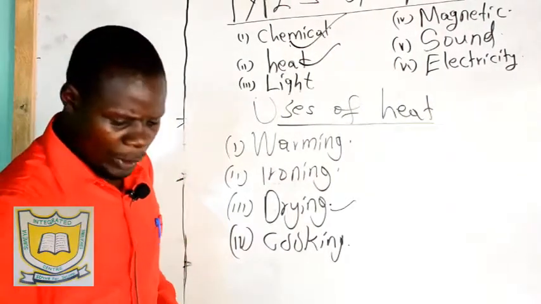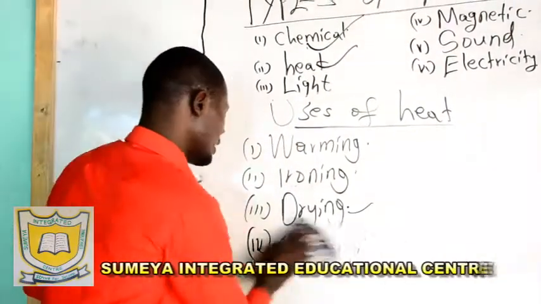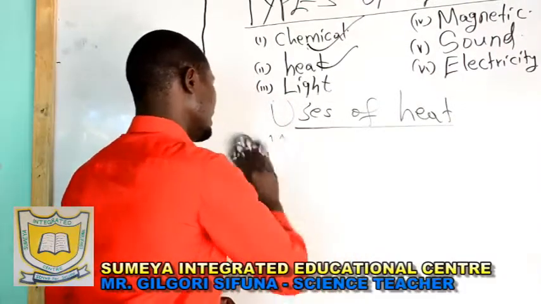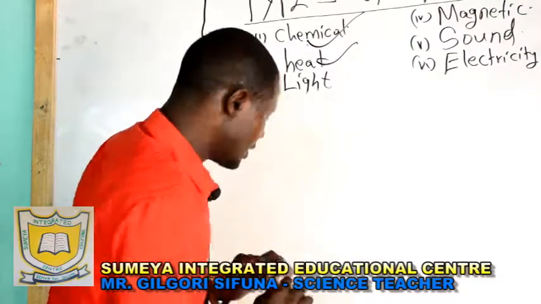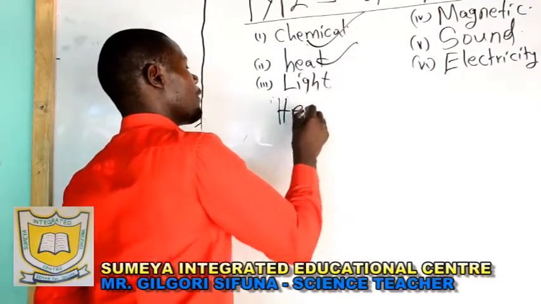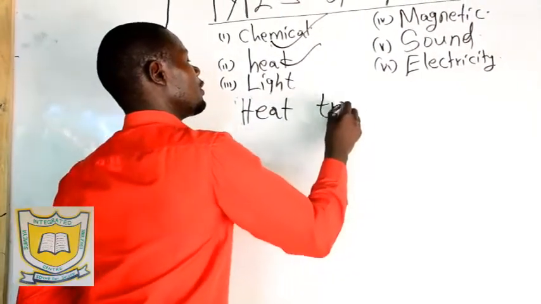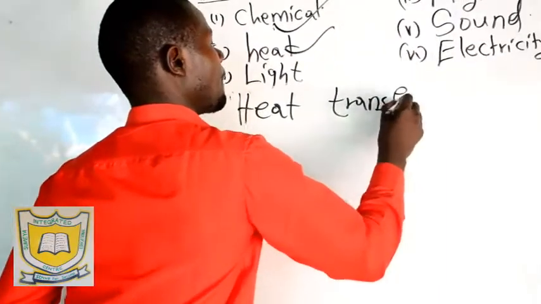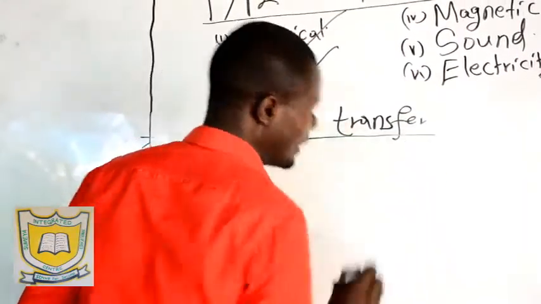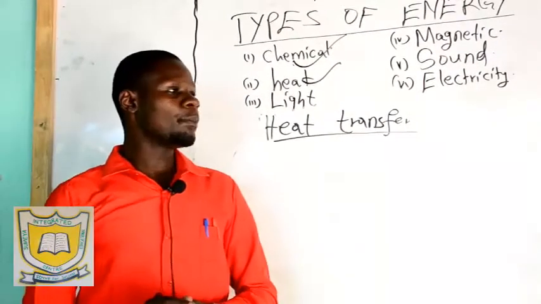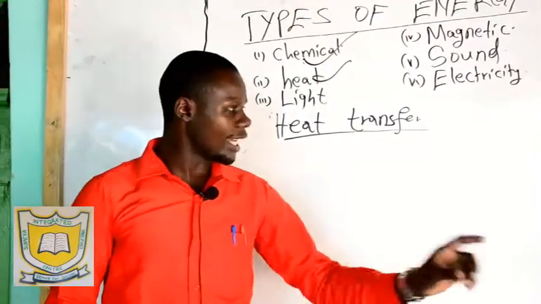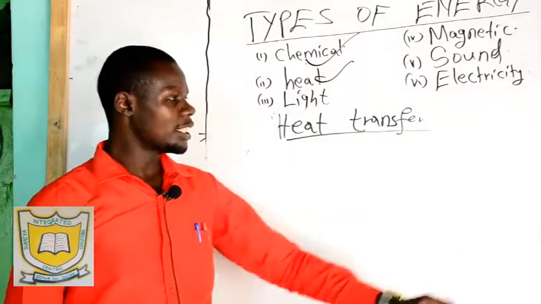Now, we also talk about heat transfer. What do we mean by heat transfer? You find that heat can be transferred from one region to another, or from one place to another.